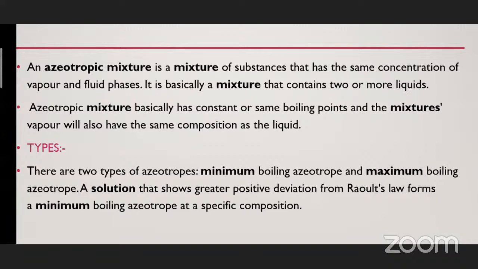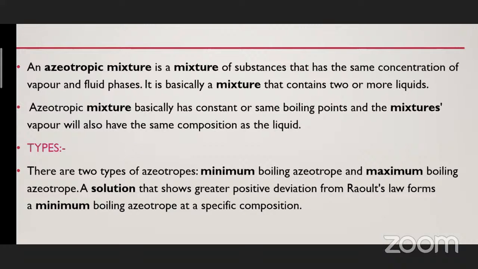Okay, I hope you have understood it. Minimum boiling azeotropes exhibit positive deviation. Positive deviation in the sense what? They are easily going into the vapor phase. That means the interactions between the solute and solvent are less.